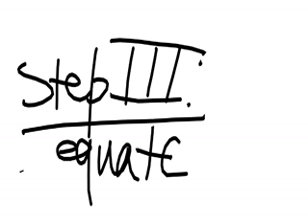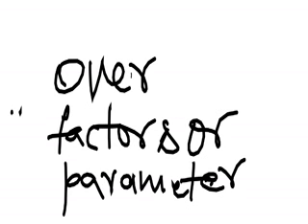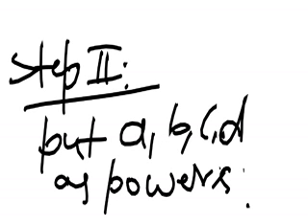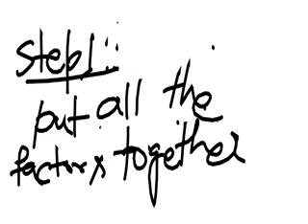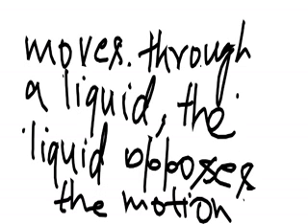After equating, you will get the variables a, b, c and put all those values over the factors.